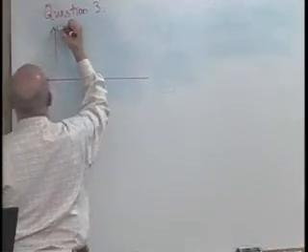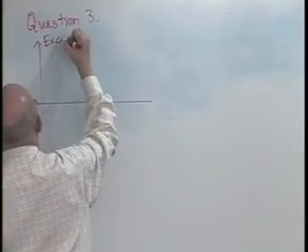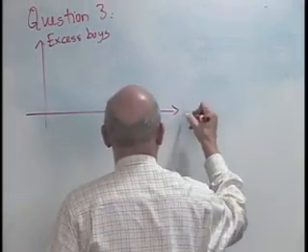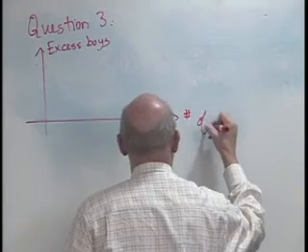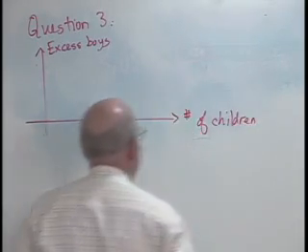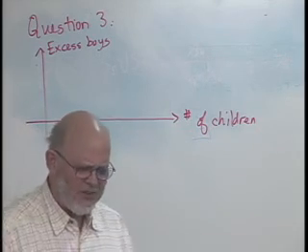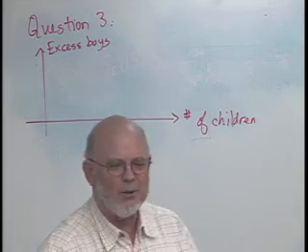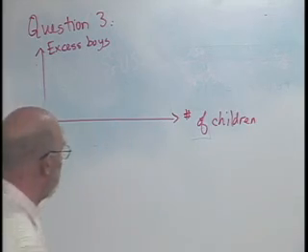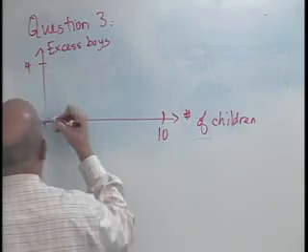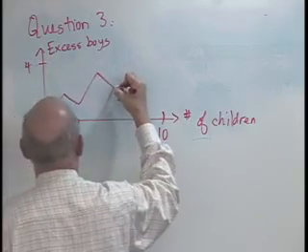And here's what we've got. We've got excess boys plotted against the number of children. So the growth of this family is a random walk where a boy counts as a step in one direction, a girl counts as a step in another, and after 10 steps, there are 4 more boys than girls.